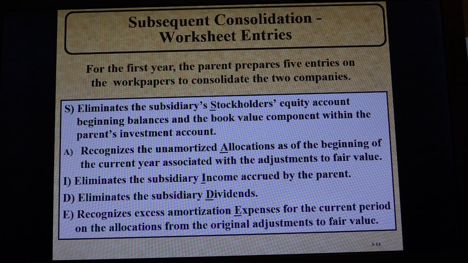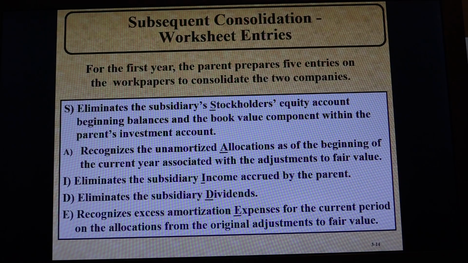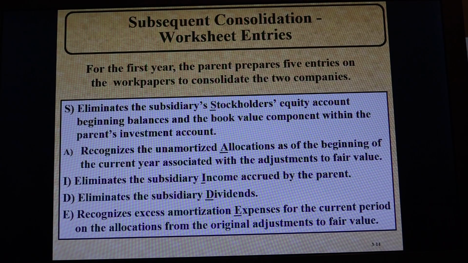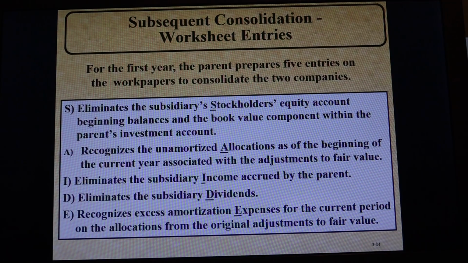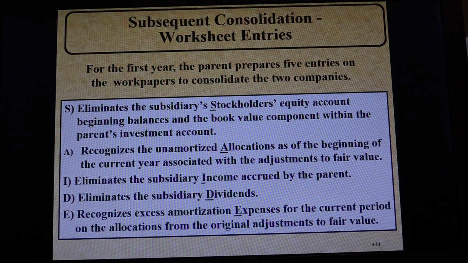The only difference is that here you might have some amortization that's been applied to the excess fair value of some of these assets. So the amounts might be different because of the passage of time and the effects that amortization has had on these assets' values or numbers.